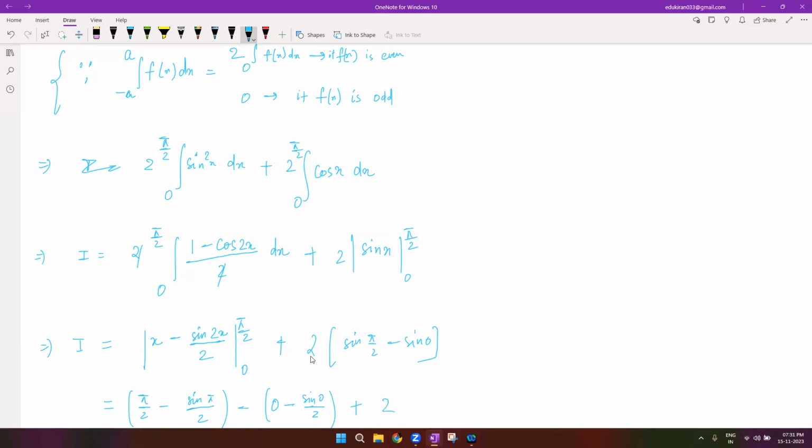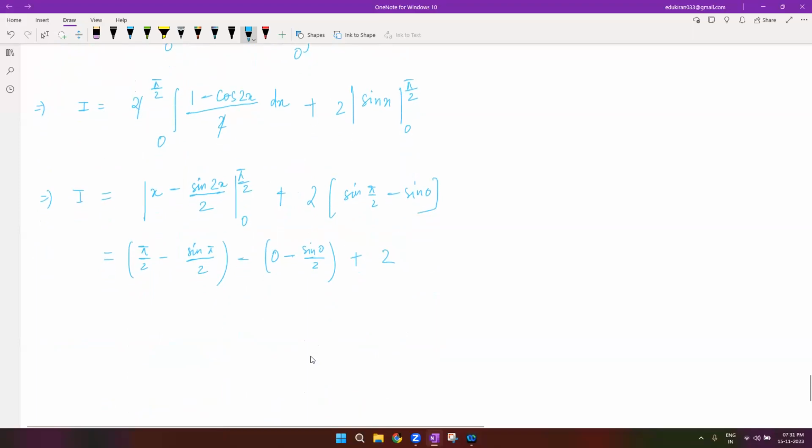Sine 0 is 0. Right? Sine pi is also 0, by the way. So this is nothing but pi by 2 only. This is 0. This is pi by 2. This is 0. This is already 0. This is also 0, right? So this is nothing but pi by 2 plus 2.